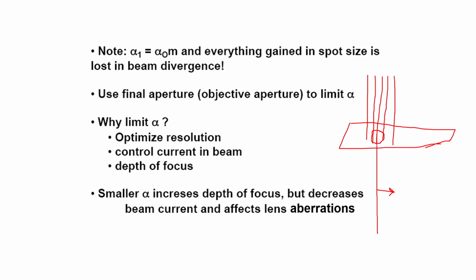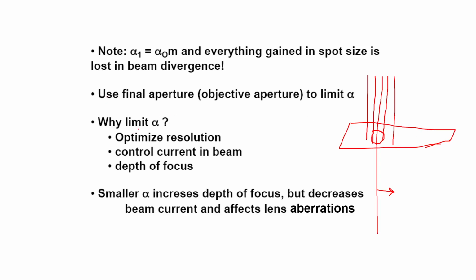Later on we'll study that the farther the electron ray is from the optic axis, the greater the aberrations. Aberrations always distort the image. So our main aim is to have rays which will not distort the information provided by the image. We will try to have the rays which are very near to the optic axis, and try to block the rays which are far away from the optic axis.